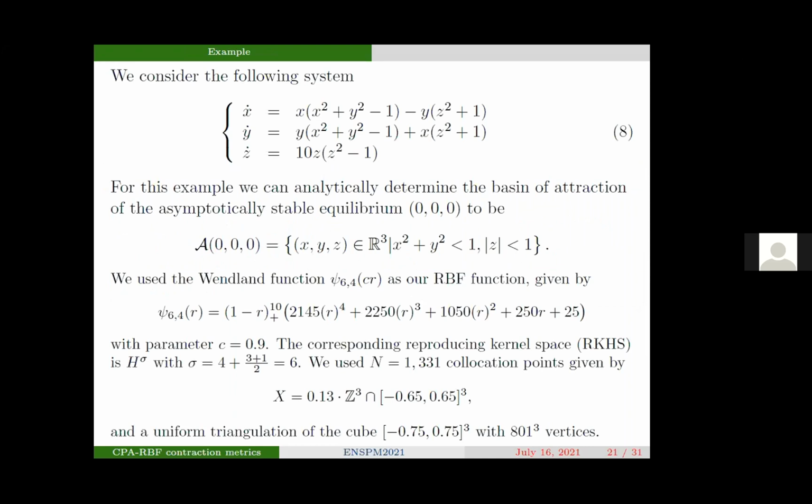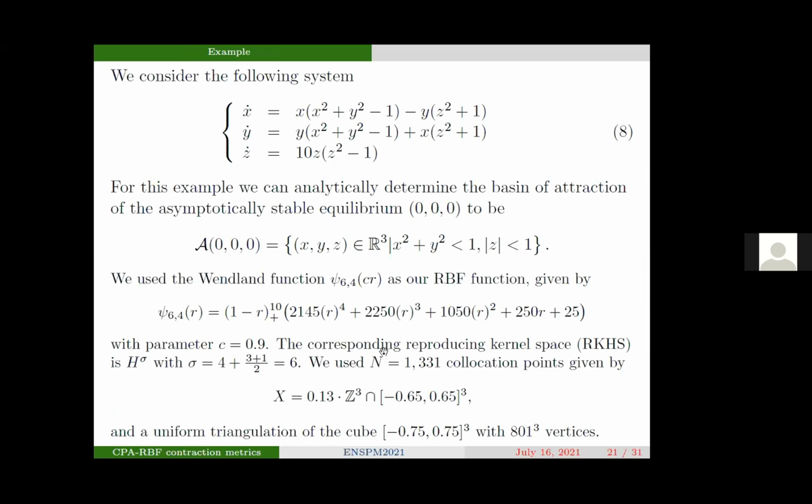The example I have considered is the following, a 3D example, and we could find the basin of attraction for the origin, the asymptotically stable equilibrium point of the system, analytically, fortunately.